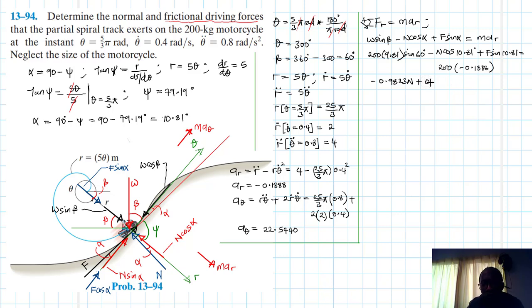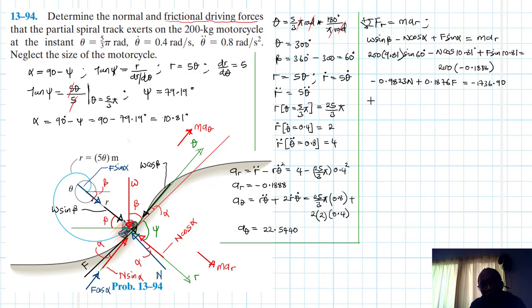So this is just 0.1876 F, and this is equal to 200 times 0.1888. Okay, and then we have 200 by 9.81 sine 60. So this just gives us this value like so, 90.